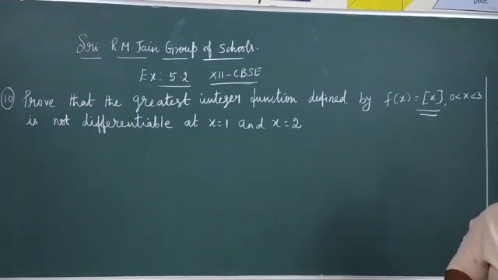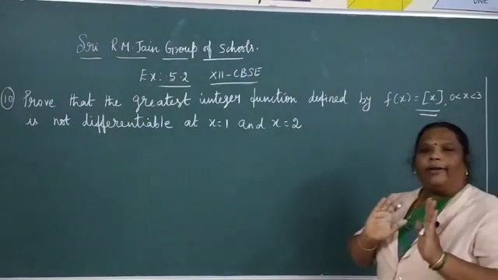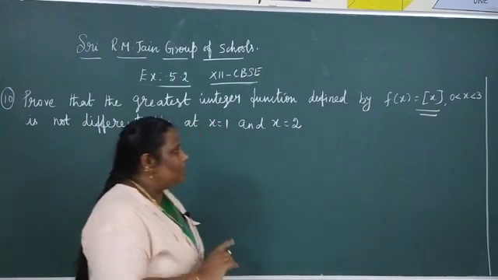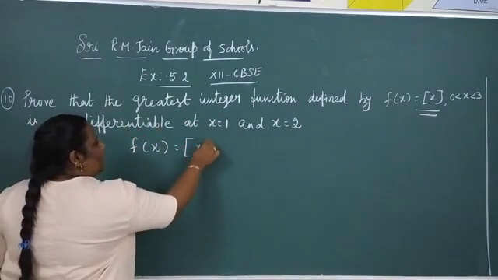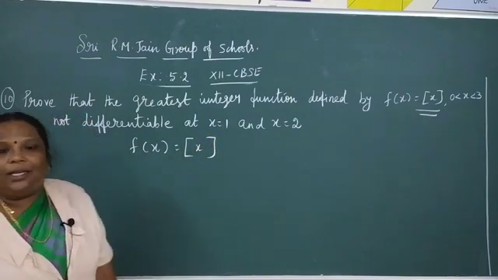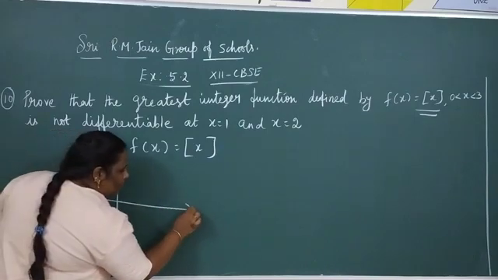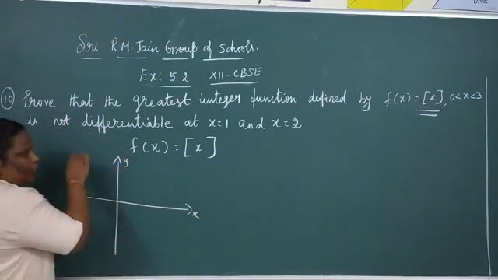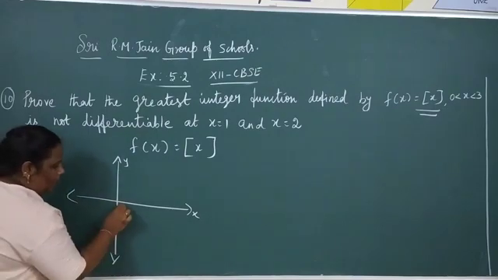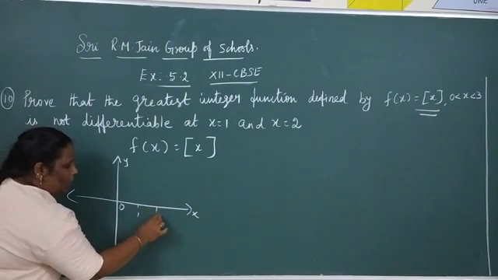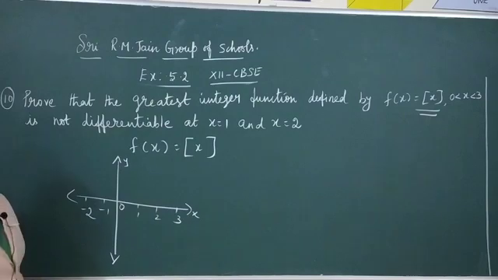First, before moving on to the sum, I will discuss the greatest integer. What is the greatest integer? This is the symbol for greatest integer. F of x equals this bracket, denoted as the greatest integer. Suppose, see here, let us draw a graph. This is not the sum, I am just explaining. Mark 0, 1, 2, 3, minus 1, minus 2.